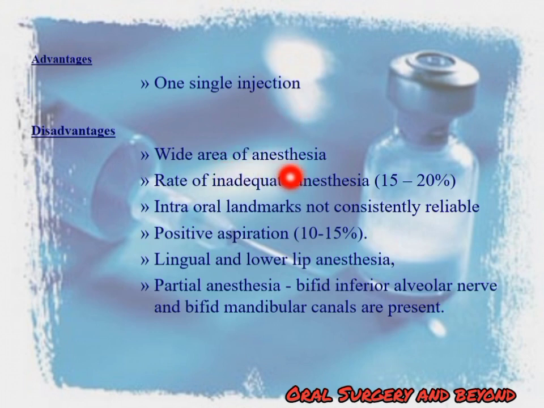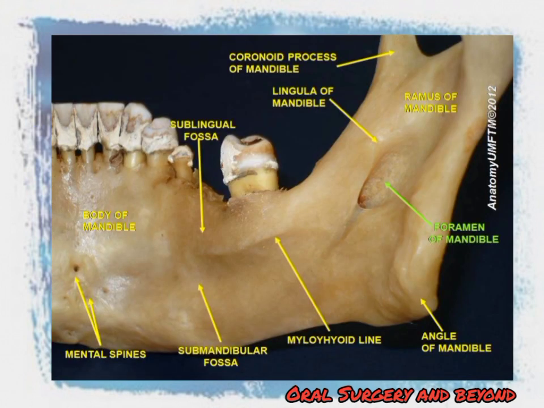Disadvantage, a wide area of anesthesia is achieved, so the patient may feel discomfort or sometimes lingual and lower lip anesthesia after the procedure. Patients go home and may bite their lip, so such disadvantages are there, but mostly it's an advantageous procedure.